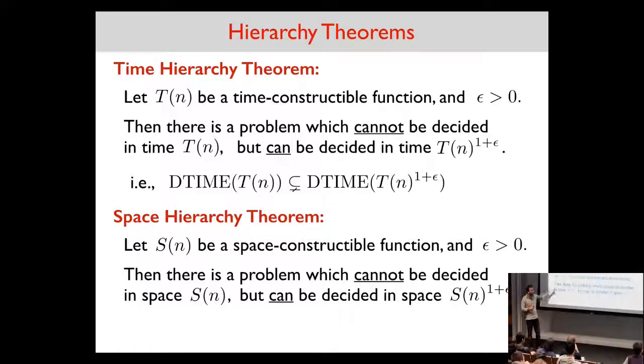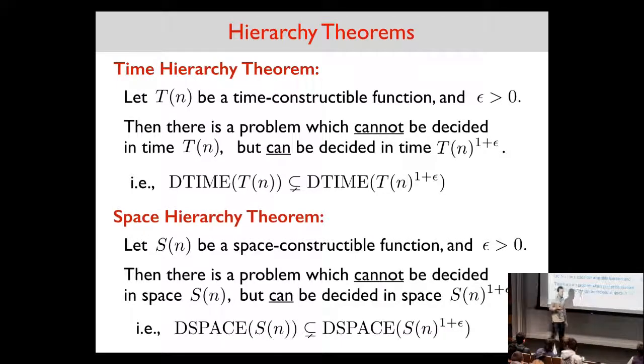And we have a very similar space hierarchy theorem. This time, the technical condition is that S(n) is supposed to be space constructible. Again, don't worry about that. But it says that there is a problem which cannot be decided in space S(n), but can be decided in space S(n) to the power 1 plus epsilon. Okay?